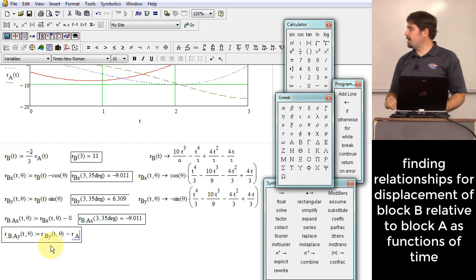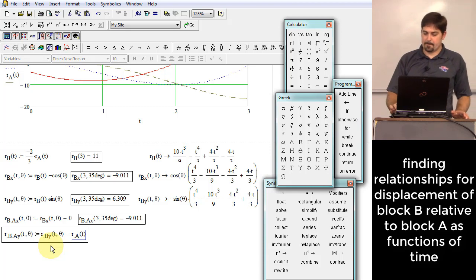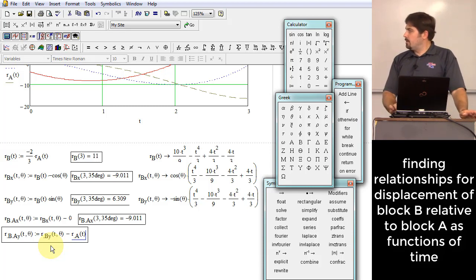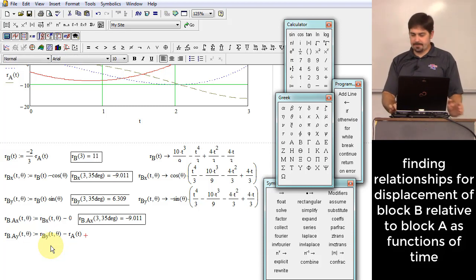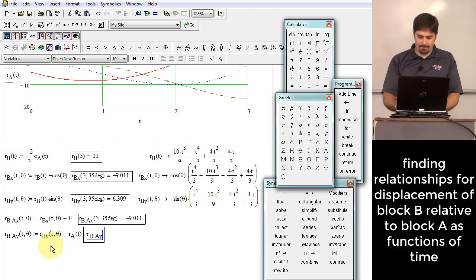I never did express that up higher in terms of it being the y component, but it's all in the y, right? So I can just put it in without any other notation. So here I've got RB relative to A in the y, and I'm going to do that at 3 seconds and at an angle of 35 degrees.